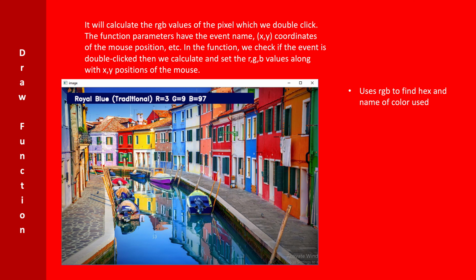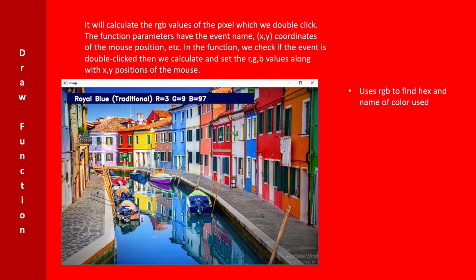Now, the way we will calculate the RGB values of the pixel, we want it to be calculated after we double click, right? And simply we want to use RGB, the red, green, and blue values, to find the hex and name of the color used.